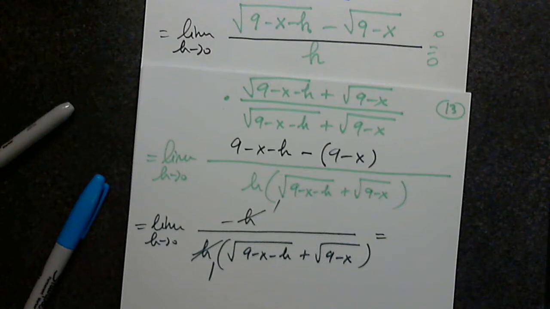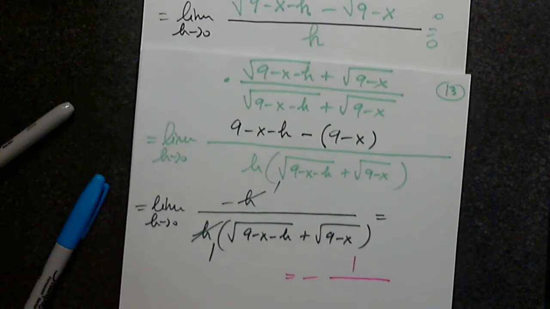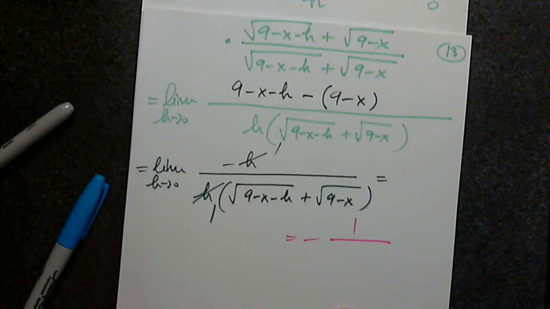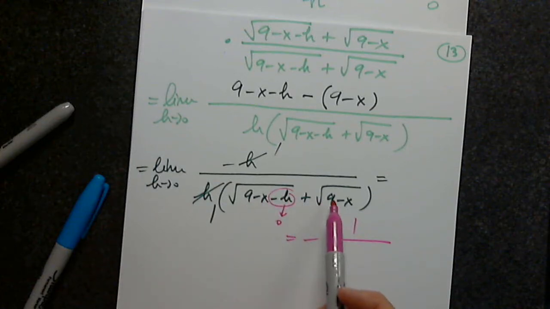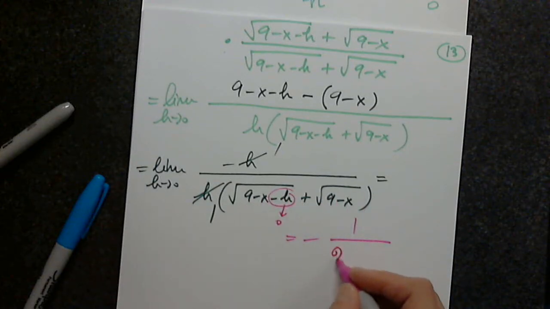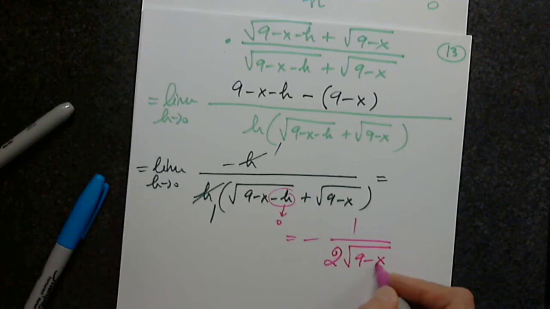So what is the final form of the derivative of this function? So this goes to 0. Nothing else changes. The square root of 9 minus x plus the square root of 9 minus x is 2 times the square root of 9 minus x.